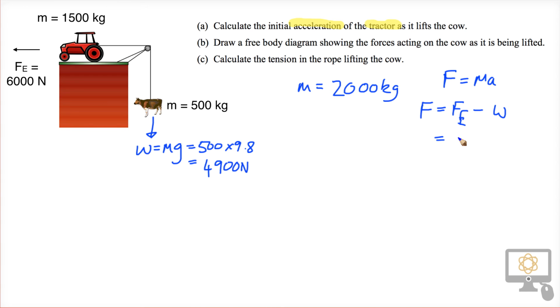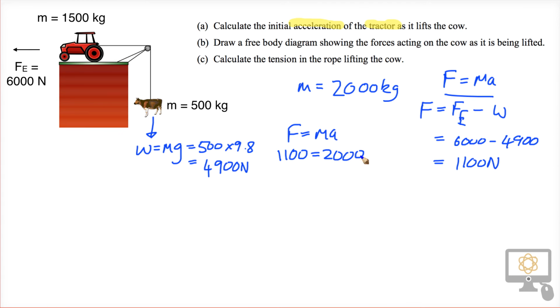And so that is 6,000 minus 4,900. And so that means that our unbalanced force is 1,100 newtons. And now we can apply this formula that we've been trying to use all the time. So F equals ma. The unbalanced force is 1,100 as we've now determined, and that's the mass in the system multiplied by the acceleration.